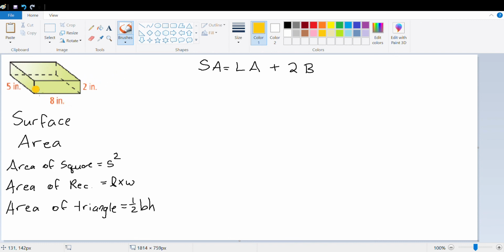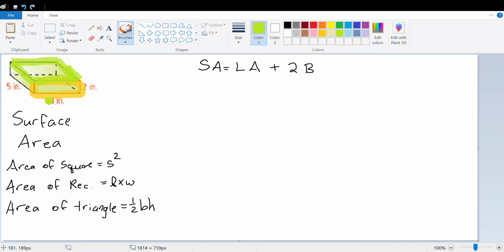So for example, I can either choose this rectangle that I'm highlighting as my base, or I can choose this green rectangle as my base. Whatever you choose to use, it'll work, just as long as you're consistent throughout the whole problem.